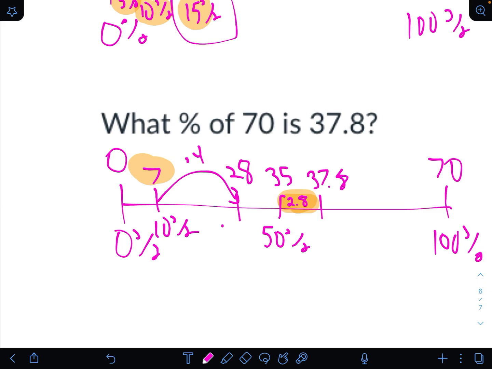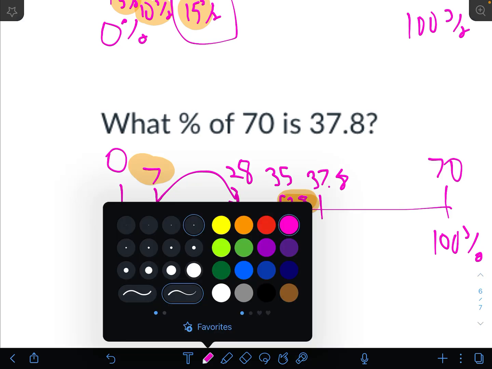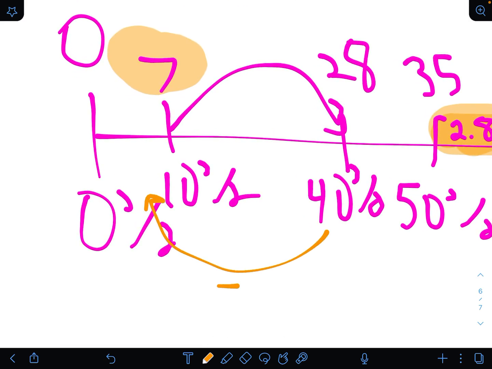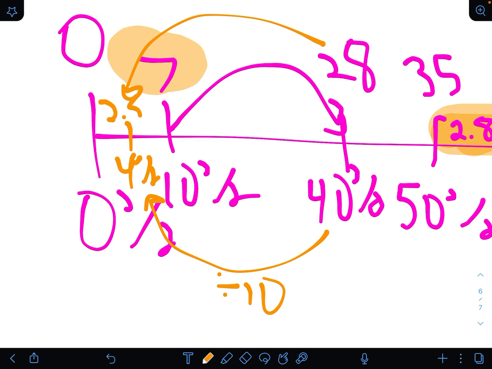Multiply 10 by 4, you get 40%. So how do you go from 28 to 2.8? Well, you divide by 10. So 40 divided by 10 is 4%. 28 divided by 10 is 2.8.